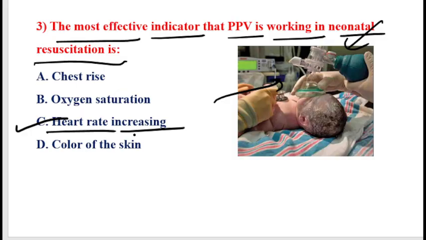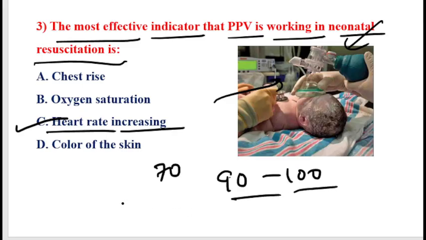Suppose the heart rate of the baby is 70 and the baby is not crying, and you begin positive pressure ventilation. If the heart rate increases to 90 or 100, that indicates your positive pressure ventilation is very effective, and you are effectively doing the resuscitation.